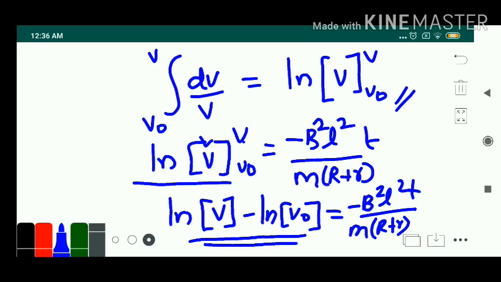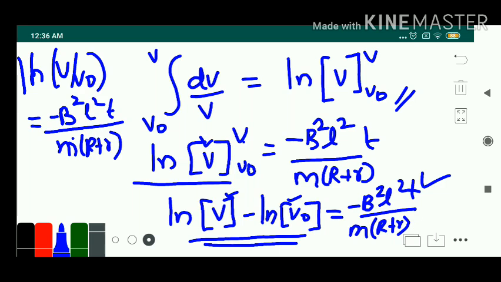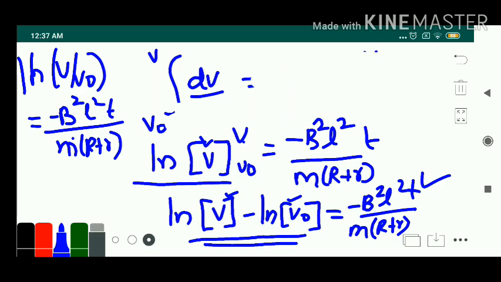So this term I can write as ln v by v naught, LHS side, equal to minus the same term, minus b squared l squared t divided by m r plus r. This much surely you understood, I believe. So this much part I am going to rub it off.